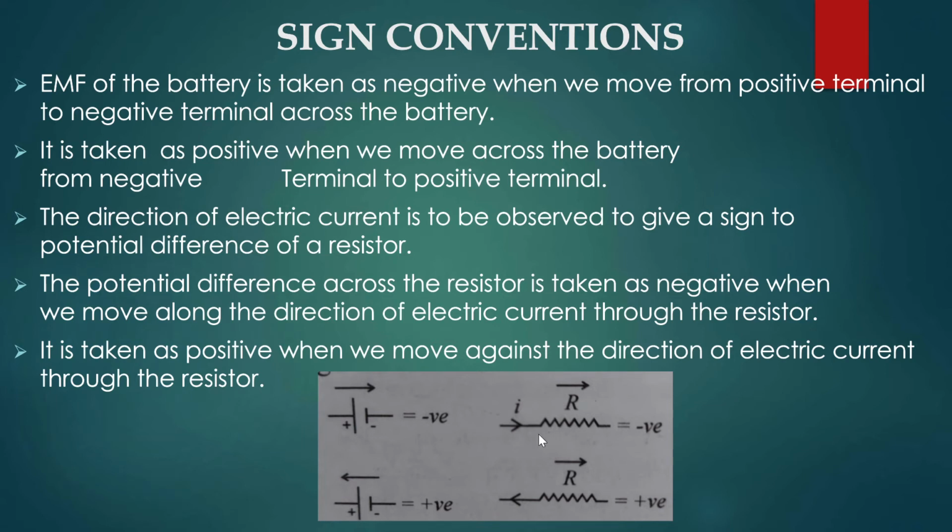For example, current is moving in this direction, so the potential difference across this resistor is negative, and it is taken as positive when we move against the direction of electric current through the resistor. So we are moving in this direction, whereas current is moving in the opposite direction. Okay, so the potential difference is taken as positive.